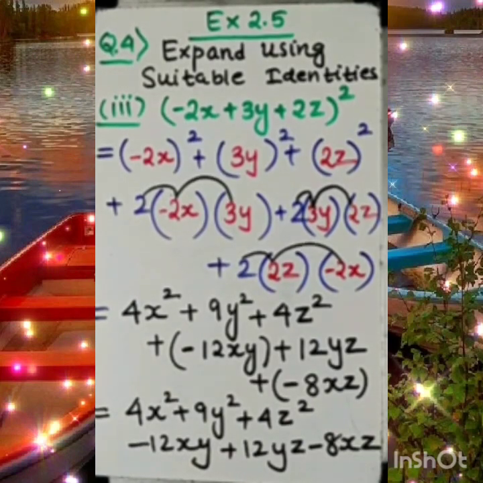Clear to you? These are the things: minus 12xy plus 12yz minus 8xz. Fine. So this is the simplification of the third part.